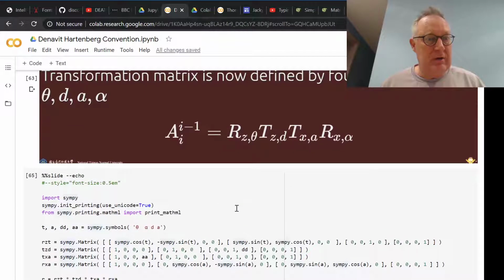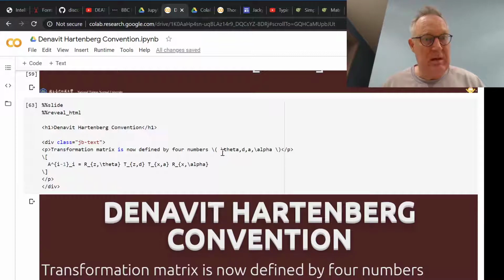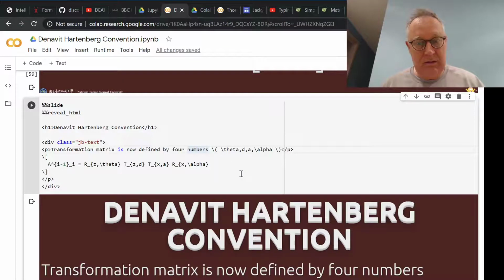Now the link parameters actually have common names. So theta is called the joint angle. d is called the link offset. a is called the link length.